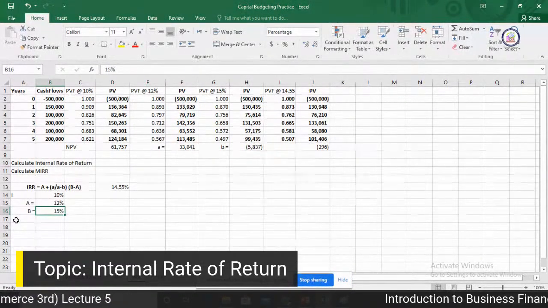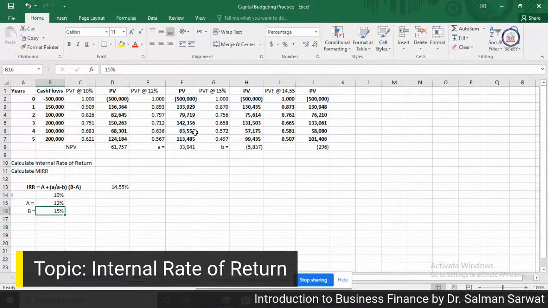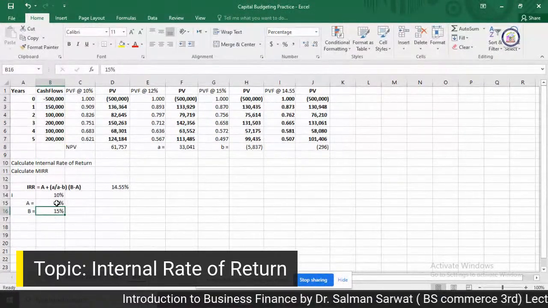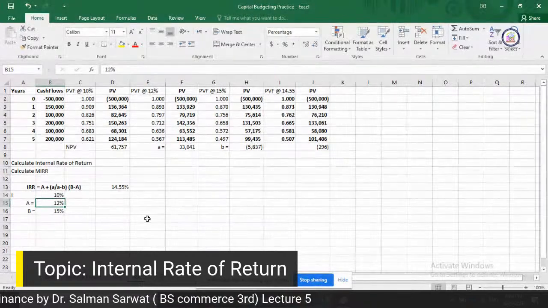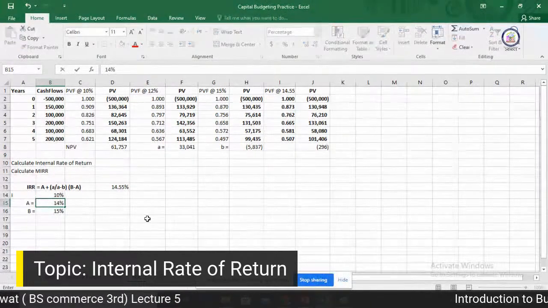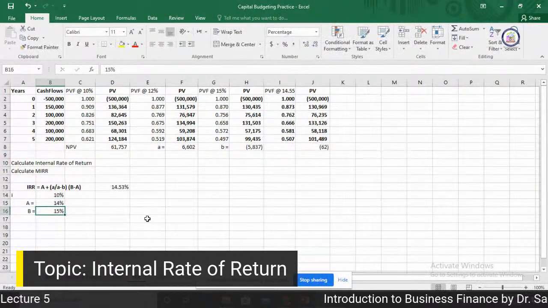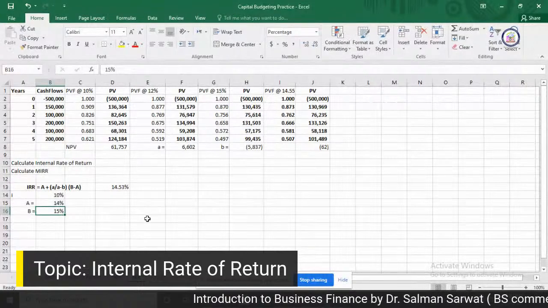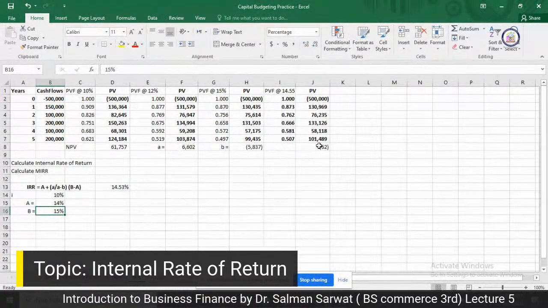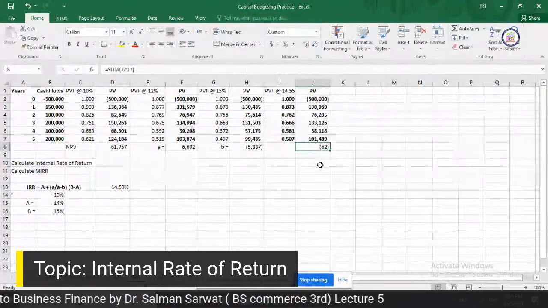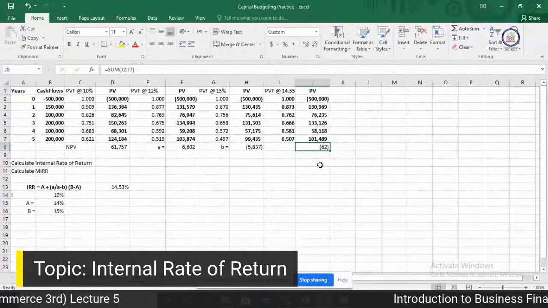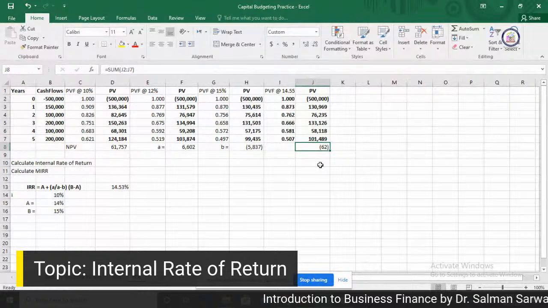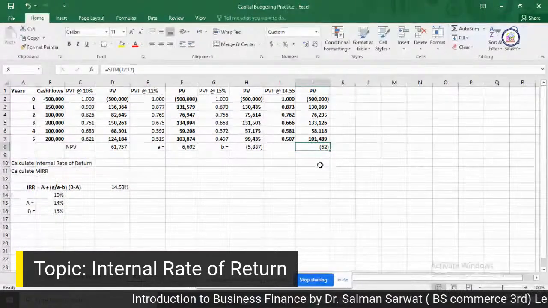Let's suppose, instead of 12%, we have used 14%. In that case, you can see that the answer is reduced tremendously to 62, which is near to zero, compared with values in the hundred thousands.